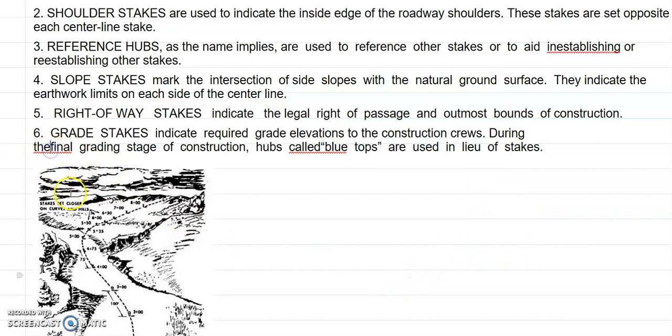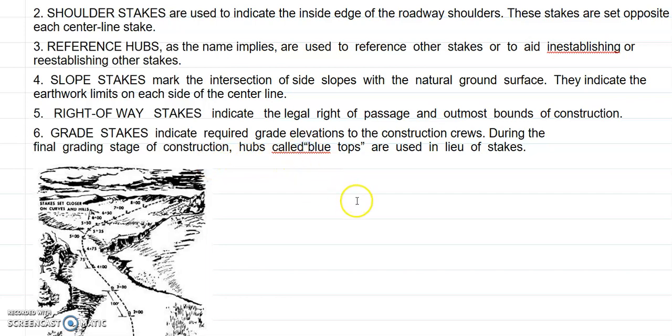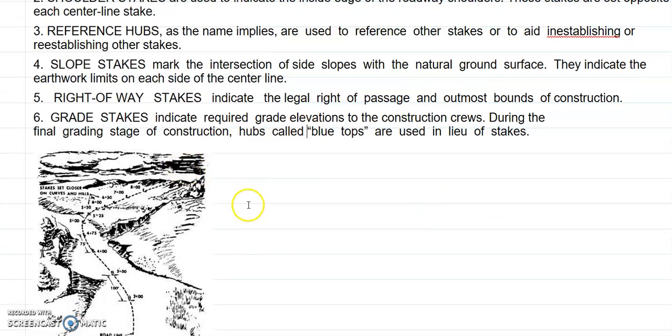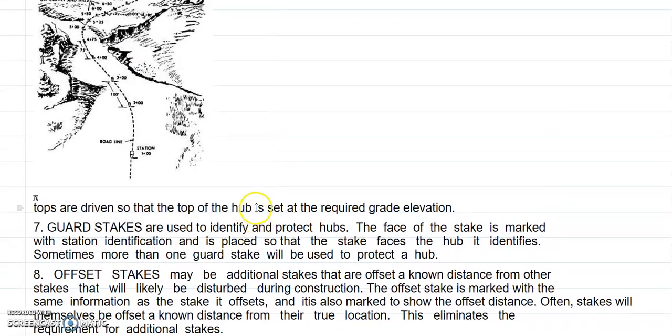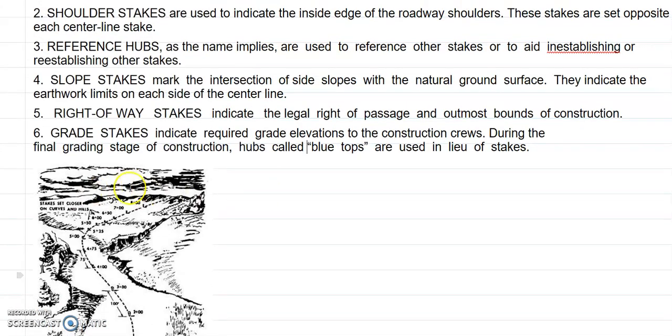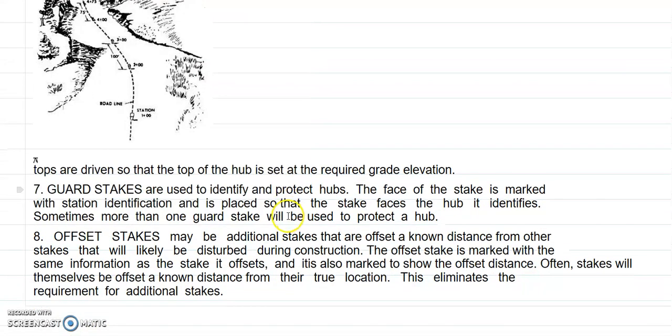Then the grade stakes. Grade stakes indicate required grade elevation to the construction crew. During the final grading stage of construction, hubs are blue tops. So he has explained what blue tops and blue ribbons are. These are basically some guidelines which try to differentiate these stakes from one another.